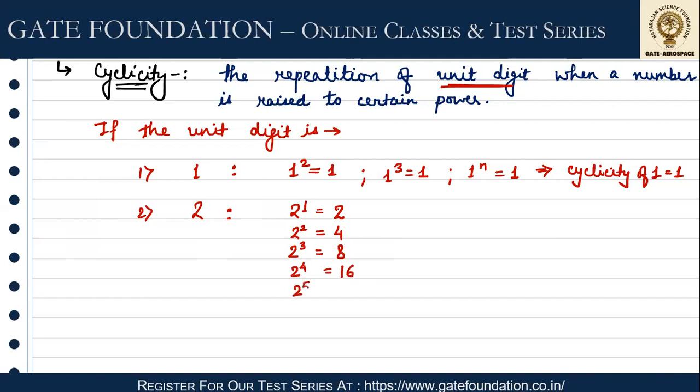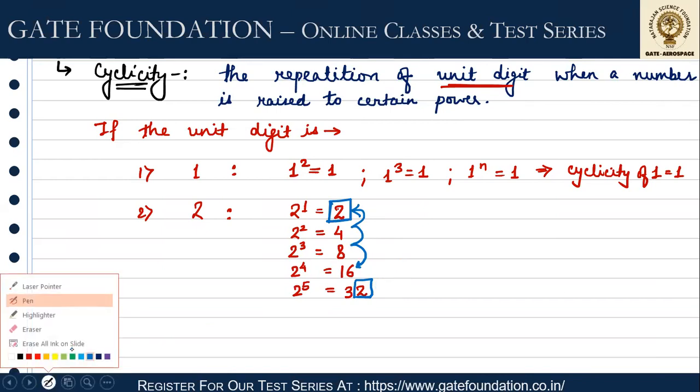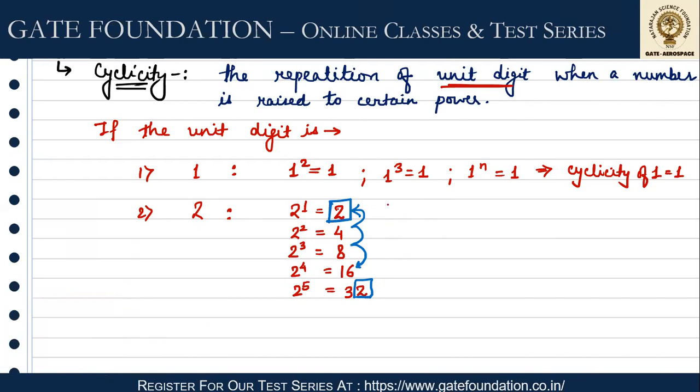And 2 raised to 5, 32. Now again I want you to notice this unit digit over here. It was 2 and it again becomes 2. So after every four powers, the fifth power again becomes 2. Right. So over here you need to understand what is the cyclicity of 2. The cyclicity of 2 will become 4.